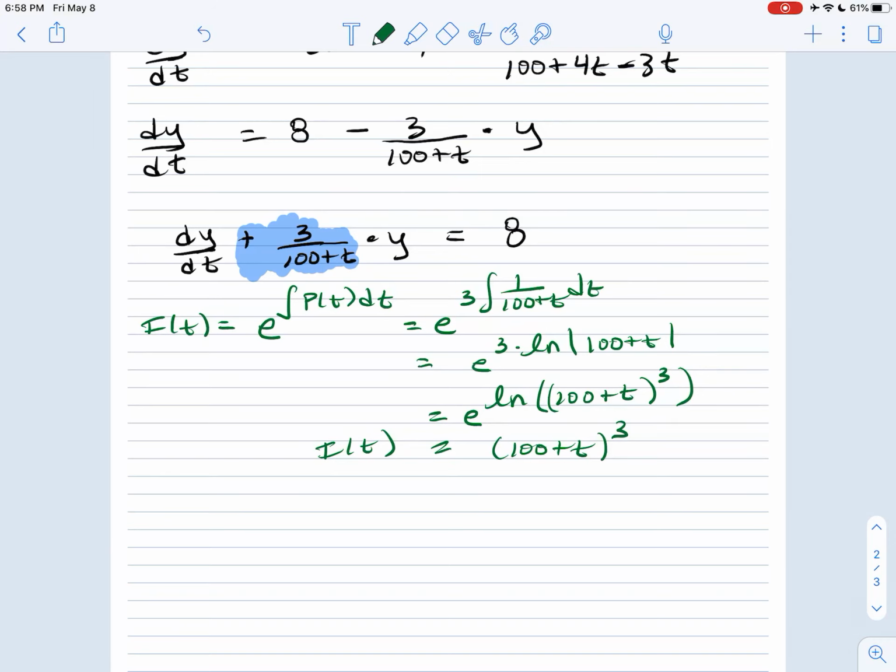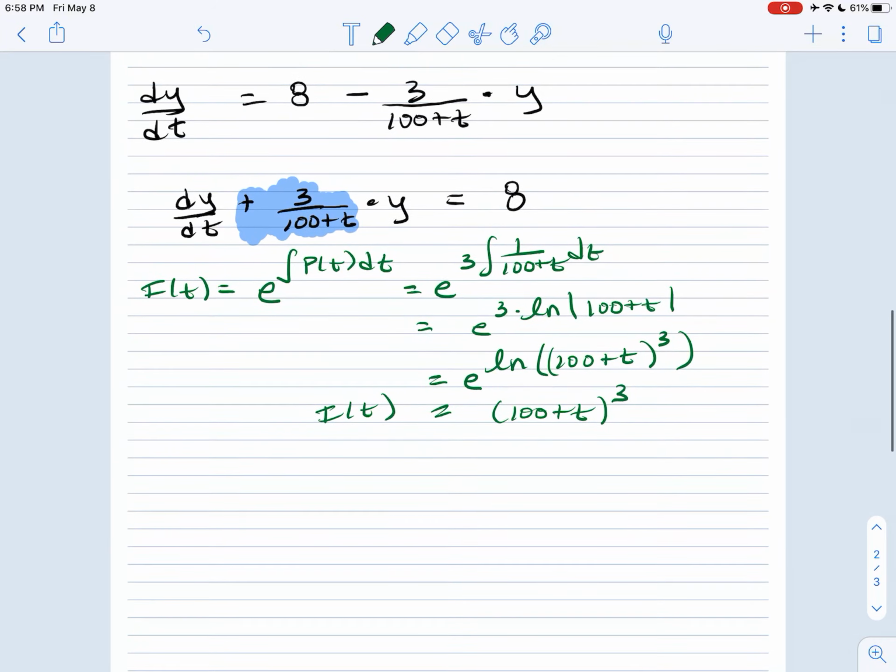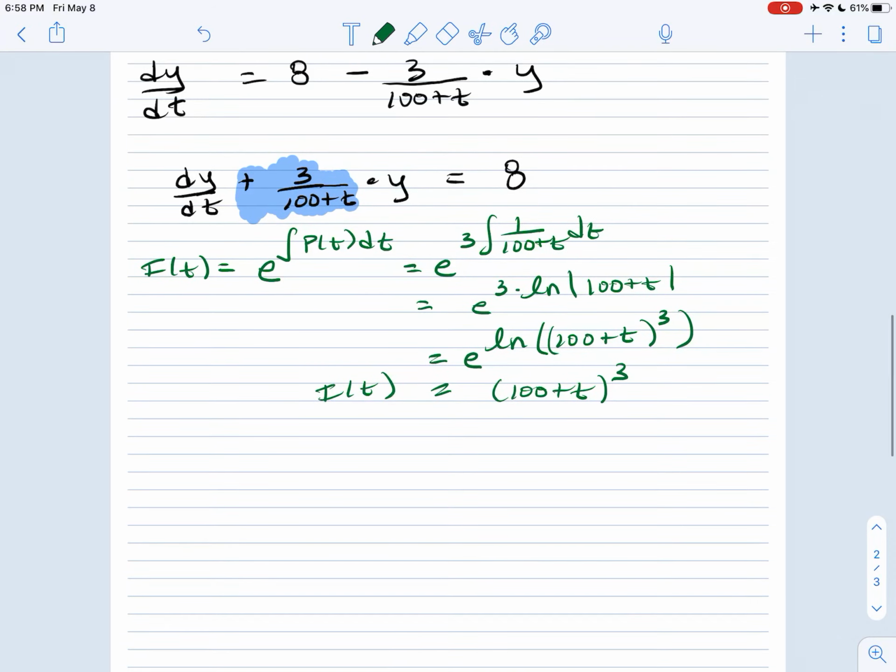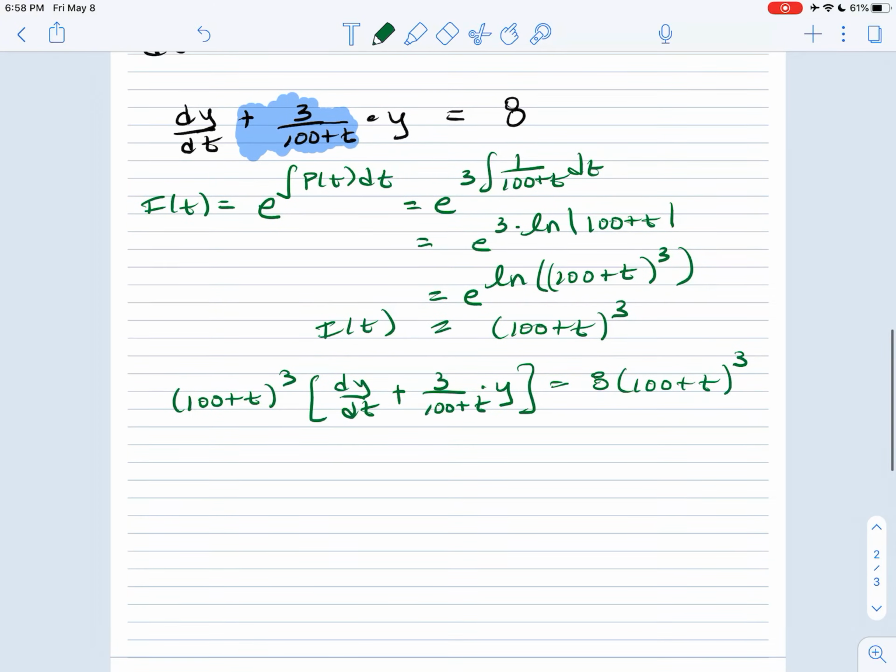100 plus t cubed. In our next step in solving our linear differential equation, we multiply both sides of our equation by the integrating factor. So we'll be doing 100 plus t cubed times dy/dt plus 3 over 100 plus t times y equal to 8 times 100 plus t cubed.